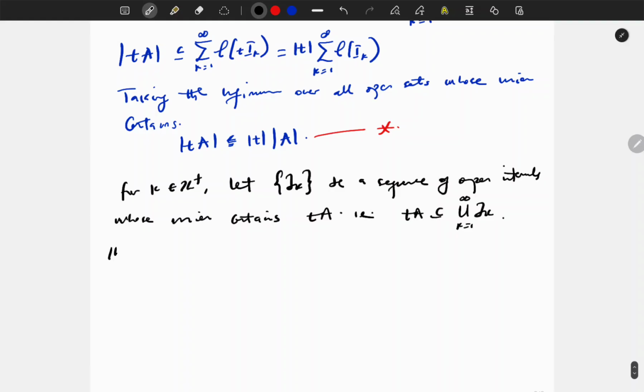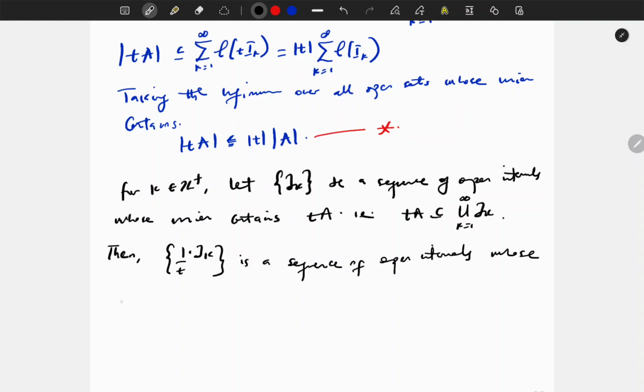So then J_k times 1 over t is a sequence of open intervals whose union contains 1 over t times tA.